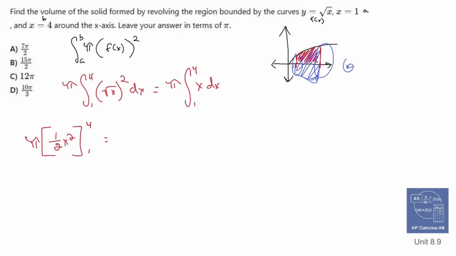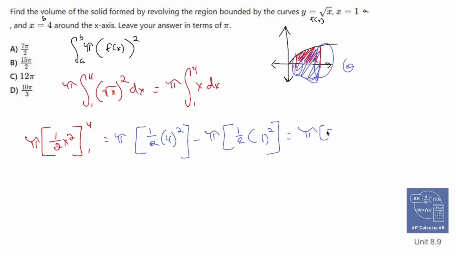Now I'm going to plug in 4 and 1. So pi times 1/2 4 squared, minus pi times 1/2 1 squared. 4 squared is 16, half of that is 8, so pi times 8, minus 1 squared is 1, half of that is 1/2, so pi times 1/2.